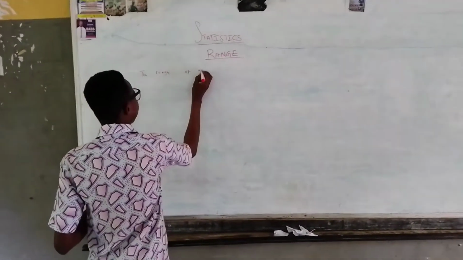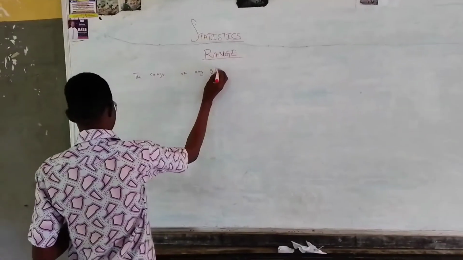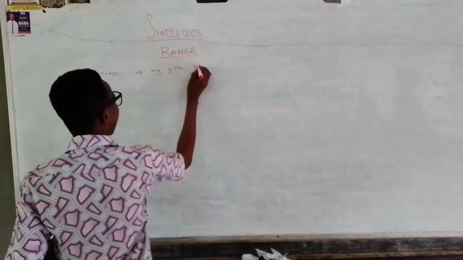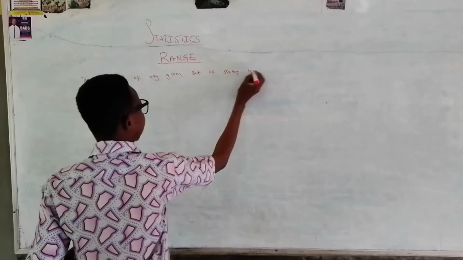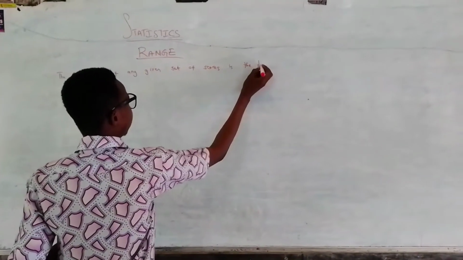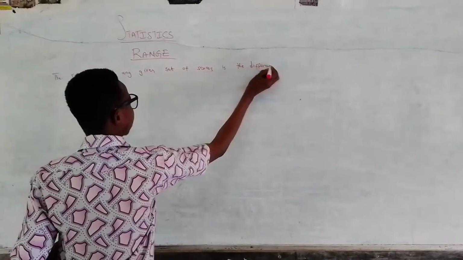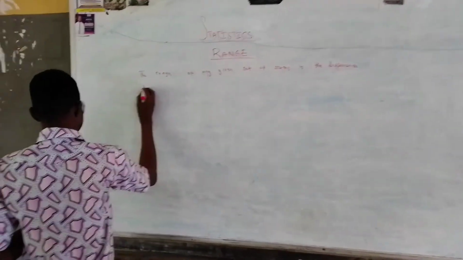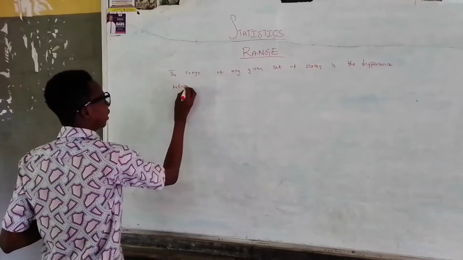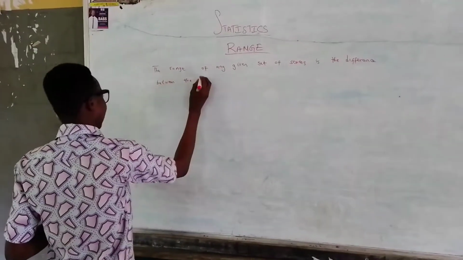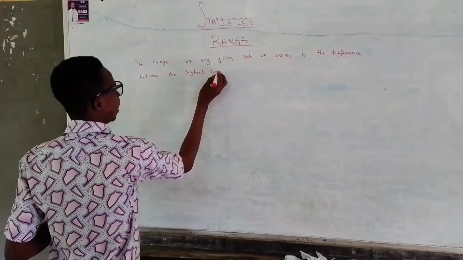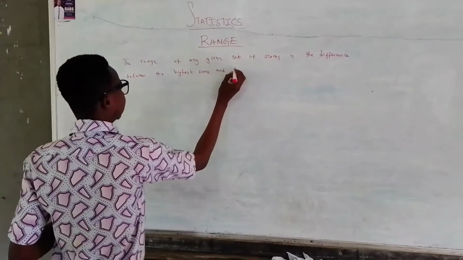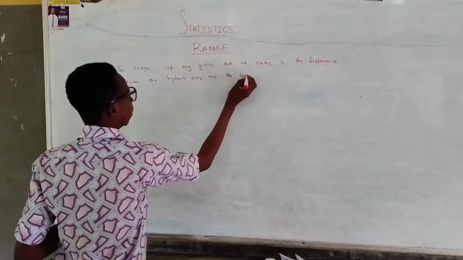The range of any given set of scores is the difference between the highest score and the lowest score.